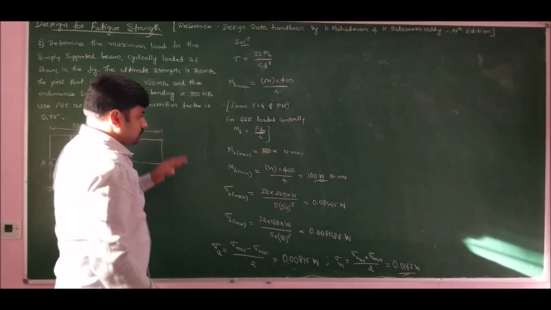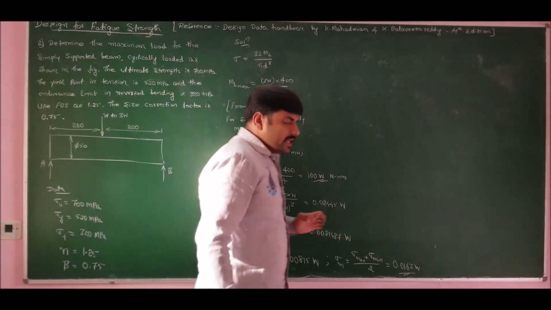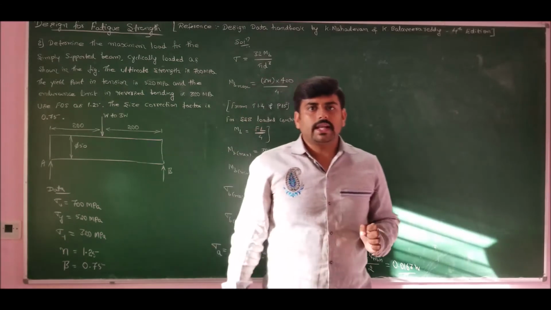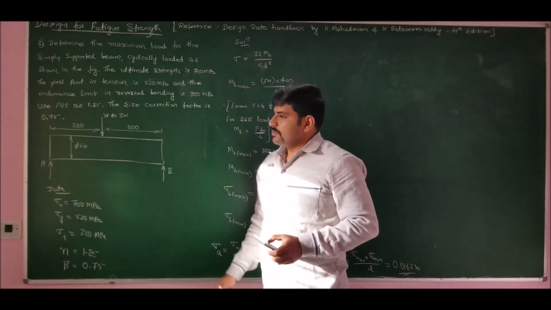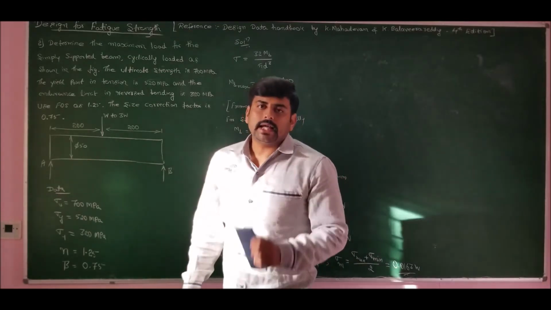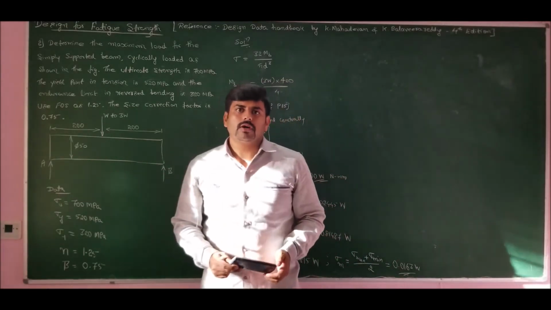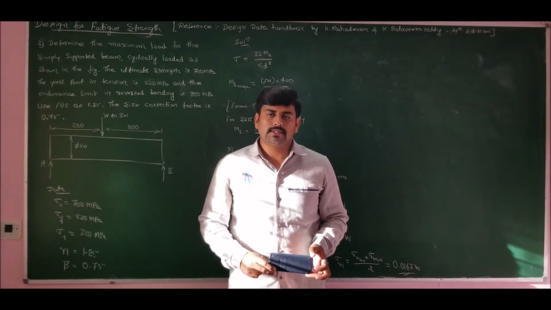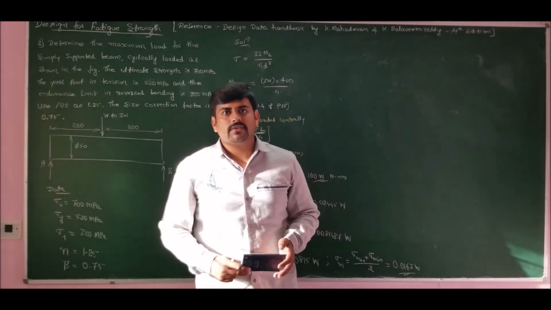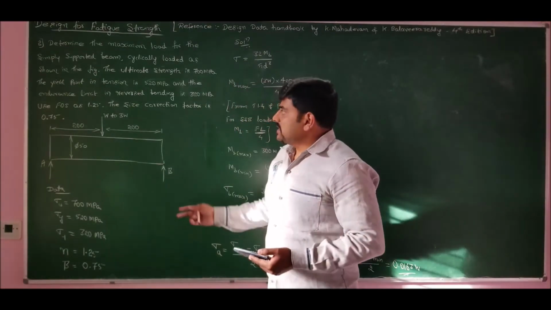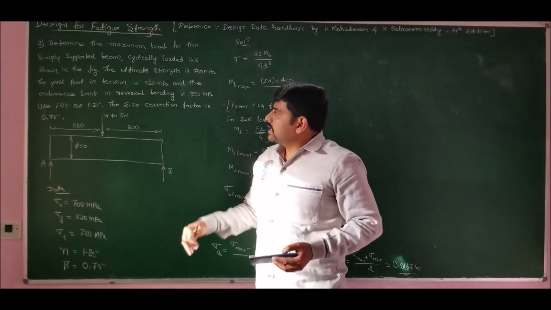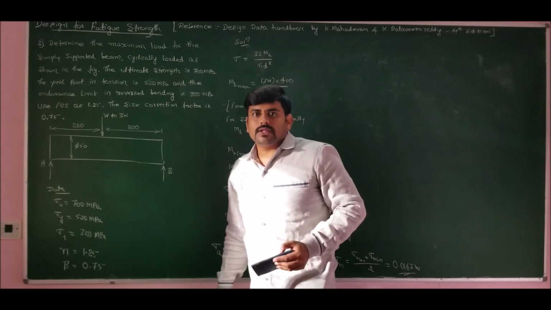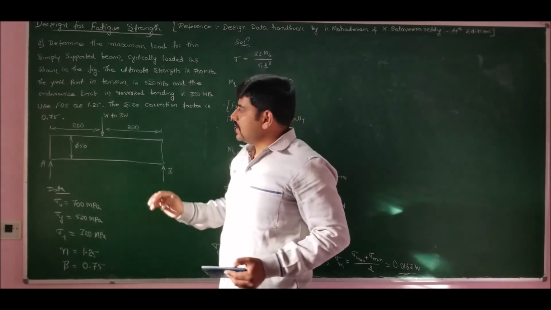So now I should use any one among Soderberg or Goodman criteria for the design. Since metal is not specified, if metal is specified for ductile materials, we should use Soderberg. For brittle materials, we should use Goodman's. Since material is also not specified, the choice is left to us. Since he has given both ultimate and yield strength, again it is leading us to confusion whether to go for Goodman's or Soderberg.